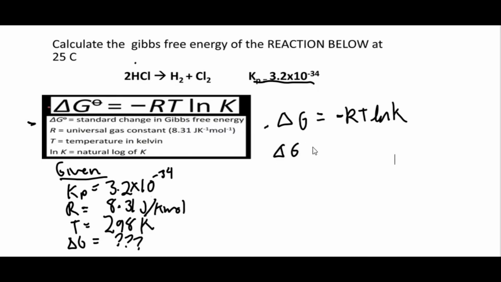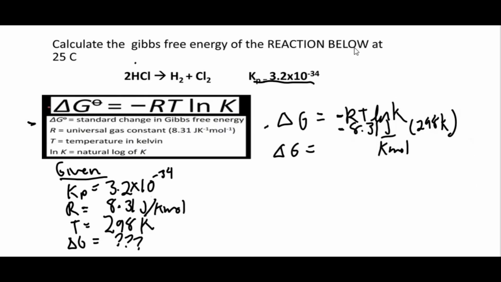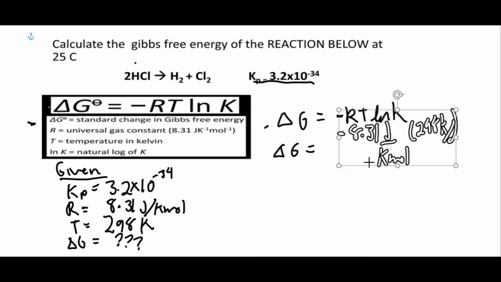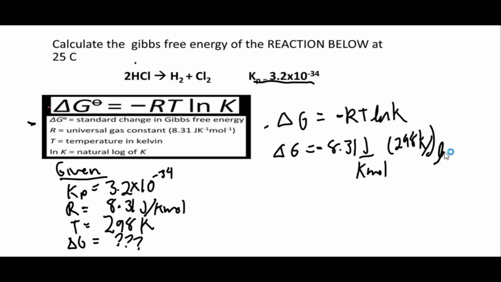So G equals negative 8.31 joules per mole Kelvin times 298 Kelvin, times ln of 3.2 to the negative 34 power.